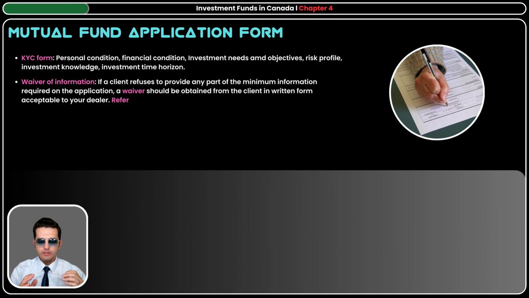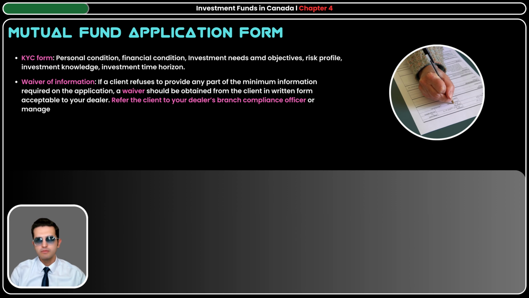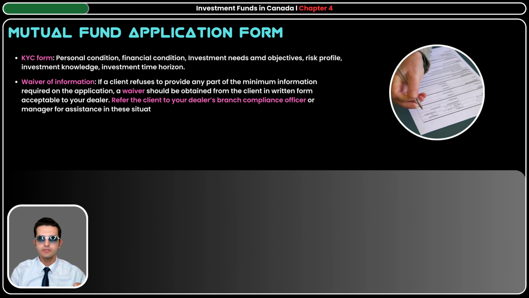And then you need to refer that client to your branch compliance officer or branch manager for further assistance. It is really hard to deal with clients that don't want to provide even the minimum required information. It's super hard to deal with them.